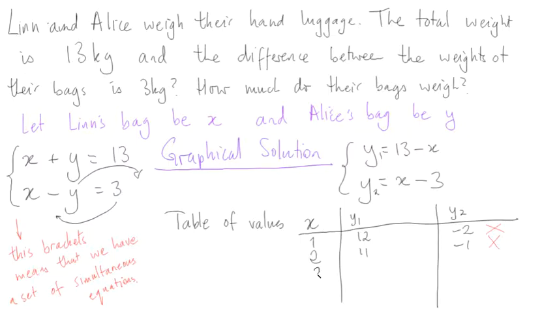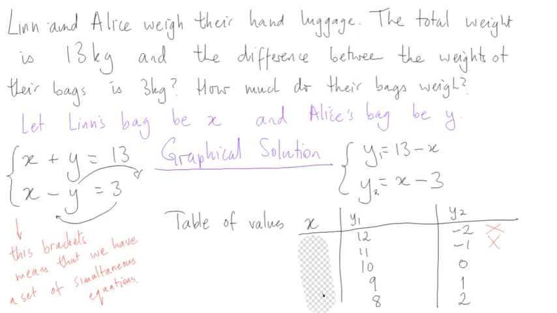Try again, x equals 3, y1 equals 10, and y2 equals 0. Keep going, x equals 4, y1 equals 9, y2 equals 1. We're getting closer. Here we had a difference of 14, here we have a difference of 8. X equals 5, y1 equals 8, and y2 equals 2.